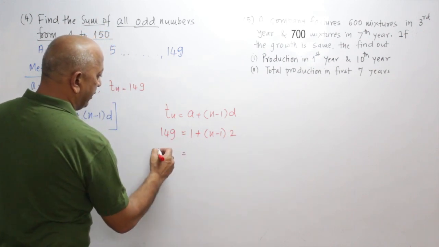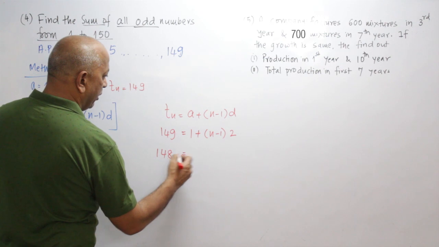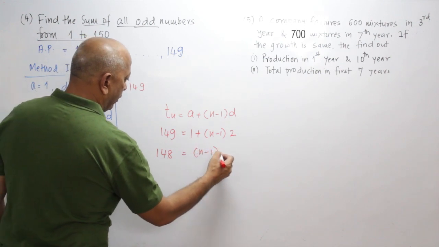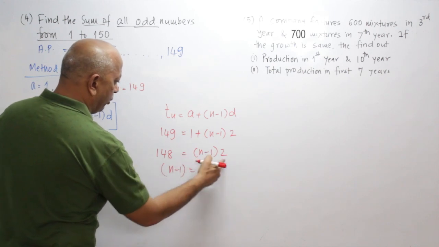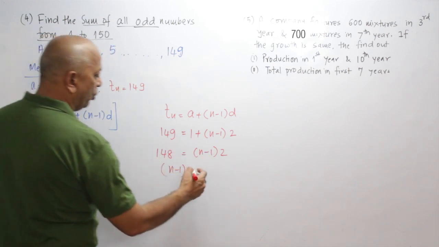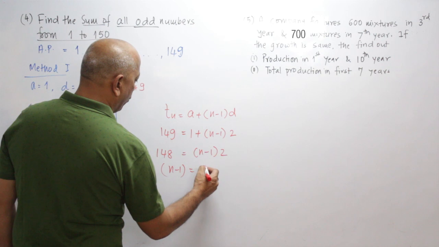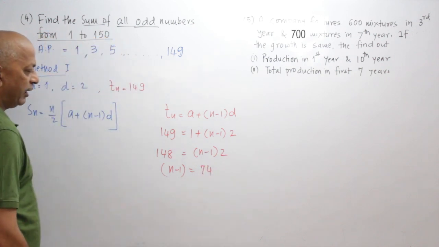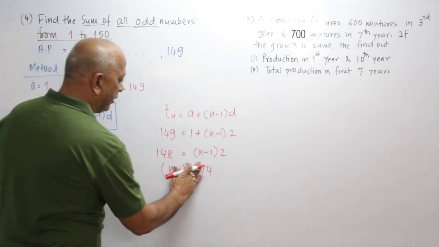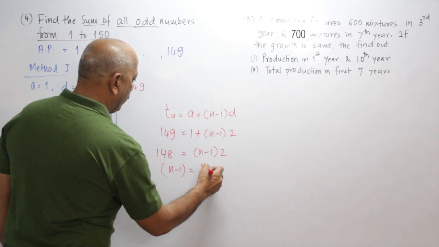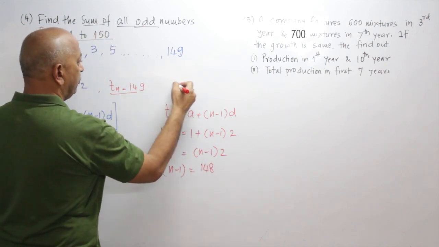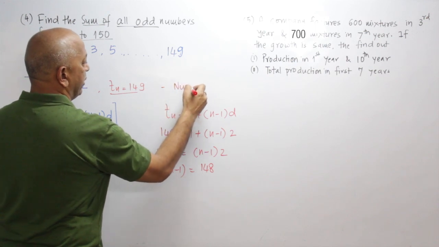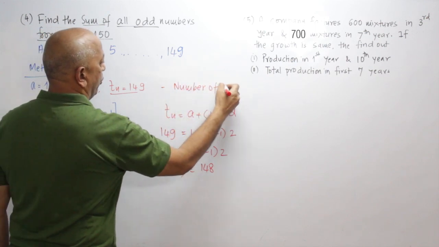So 1 I can take to this side, so 148 is equal to n minus 1 into 2. So n minus 1, I can take 2 to this side, divided by 2. So I'll get 74. 148 divided by 2, I'll write it like this. So this gives the number of terms.